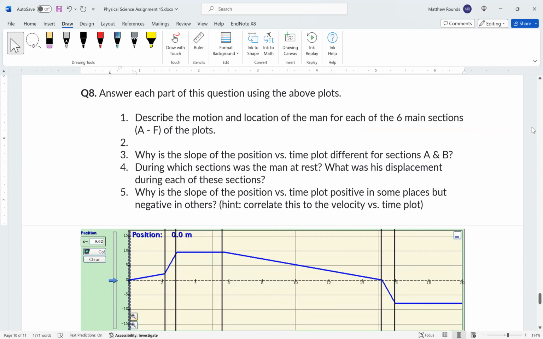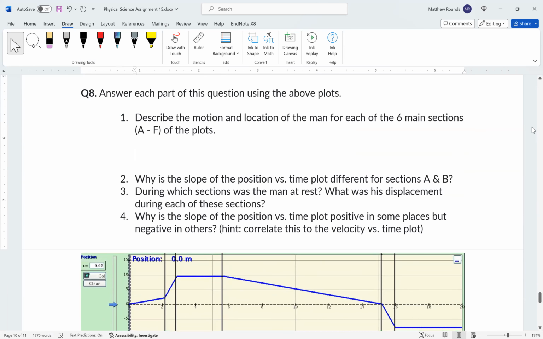So it says, describe the motion and location of the man for each of the 6 main sections of the plot. Okay, section 1, I'll highlight section 1. This is section 1 right here. You want to talk about where he started and where he ended.